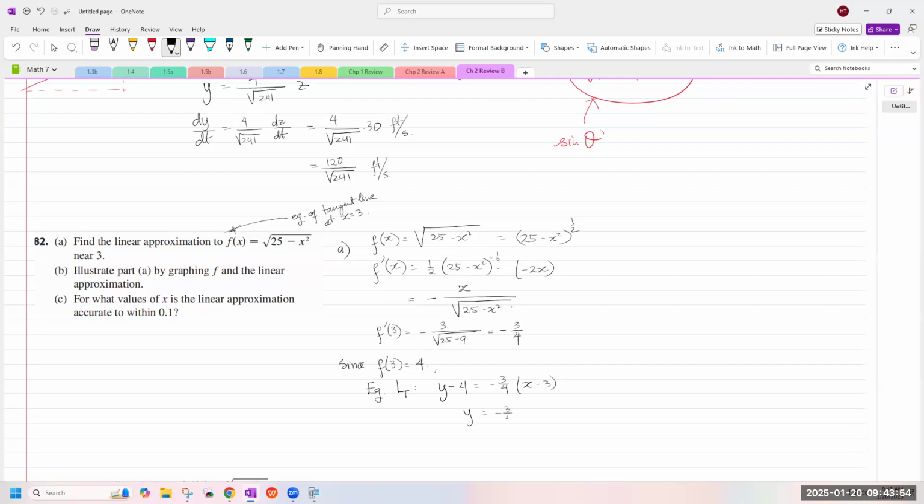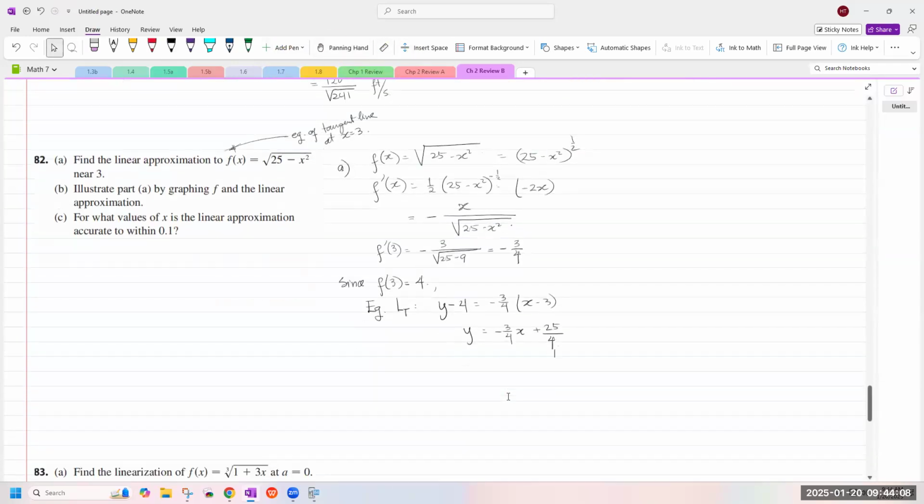That is negative 3/4 x plus 9 over 4 plus 16 over 4, which is 25 over 4. In other words, the linear approximation of that function near 3 is negative 3/4 x plus 25 over 4. Or you may consider leaving it this way.